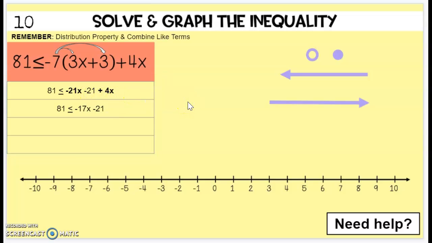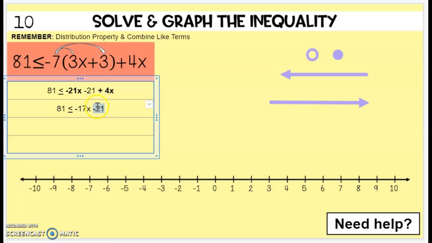I am going to stop at that point because we have gone through this. Our ogres are like onions. We're going to look at the side that has our variable on it, which in this case is the right side. And we're going to work with the number that is not connected to our variable, which is -21. The opposite of subtraction is addition.